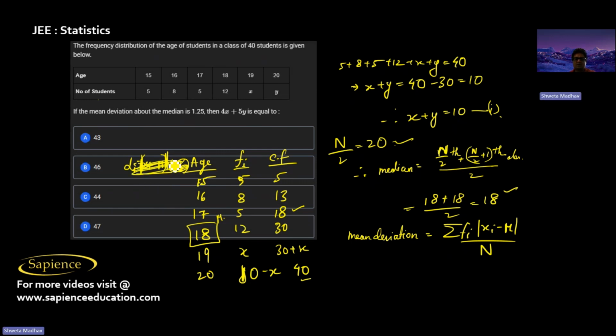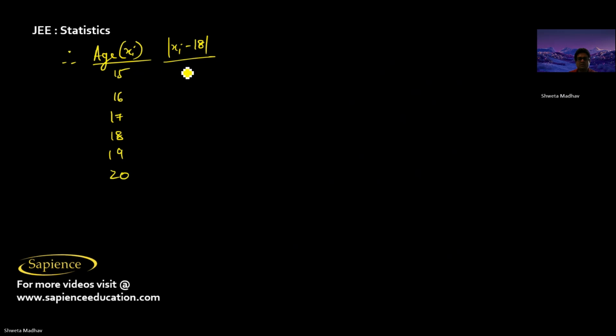So therefore the ages which are xi are given as 15, 16, 17, 18, 19, 20. Then we have to do mod of xi minus 18: 15 minus 18 mod, that is 3. 16 minus 18 mod, that is 2. 17 minus 18, that is 1. 18 minus 18, 0. 19 minus 18, 1.